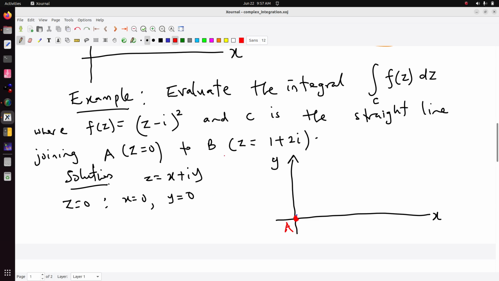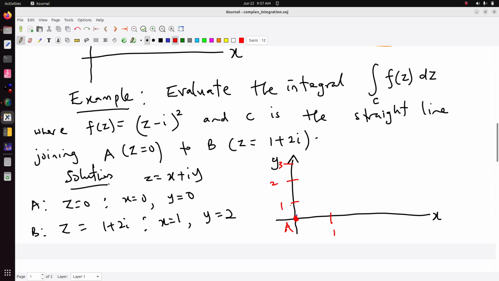Then up to point B, and it's a straight line. At point B, z is 1 plus 2i. So this is point A, and this is point B, which is z equals 1 plus 2i. If z is 1 plus 2i, it means x is 1 and y is 2. If this is 1 on the x axis, then this is 1, 2, 3 on y.